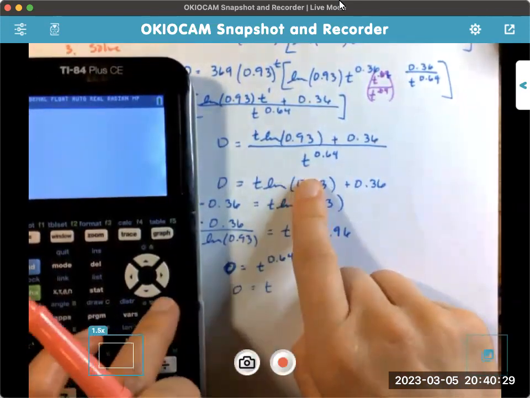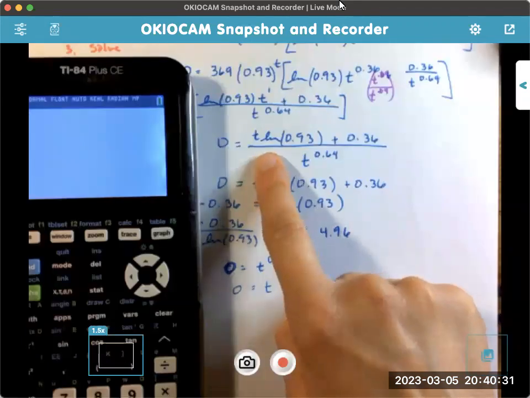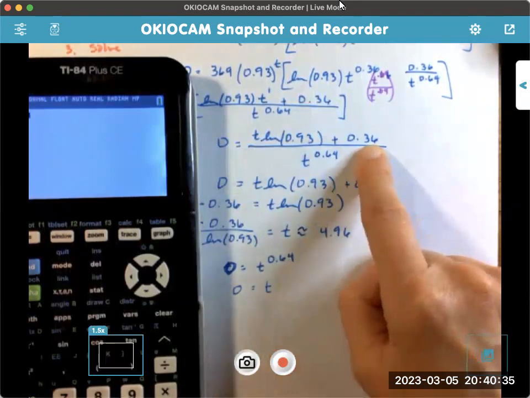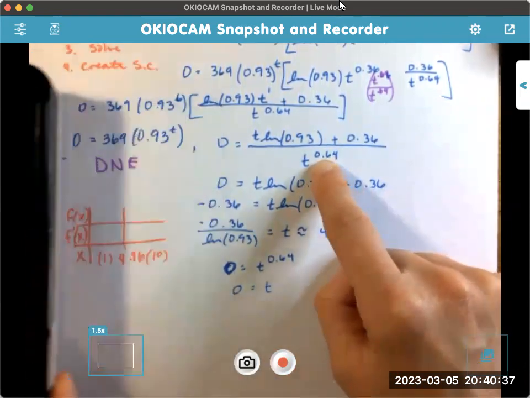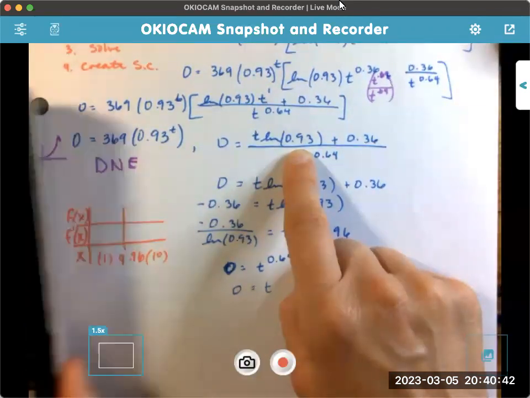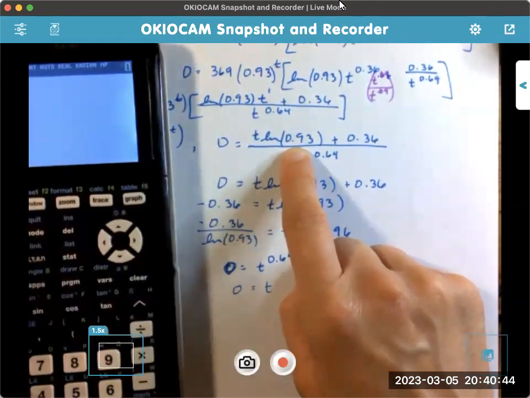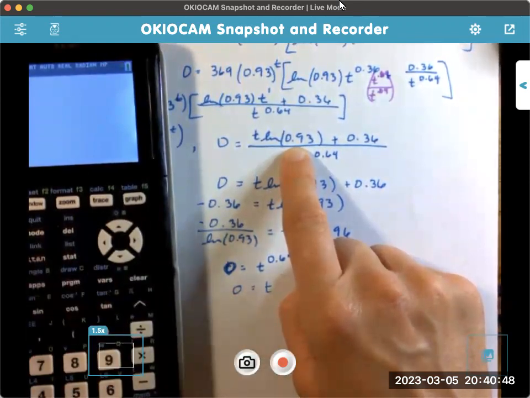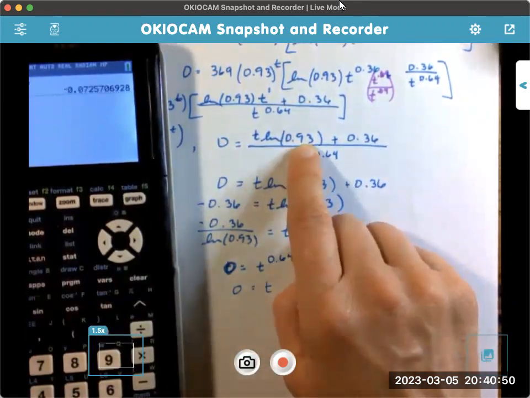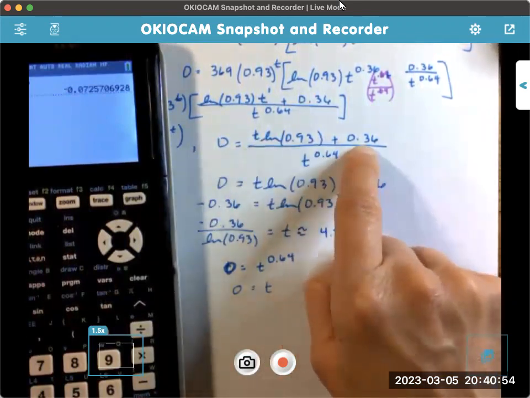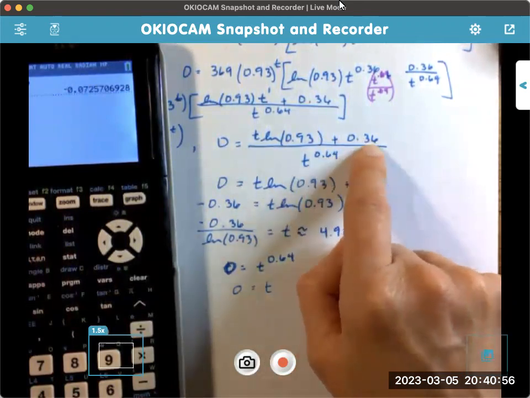Derivative, that's the D word I'm looking for. Okay, if I pop in 10, that's going to be a positive plus a positive over, assuming 10 times the natural log of 0.93, I think it's negative. Yeah, that's negative.